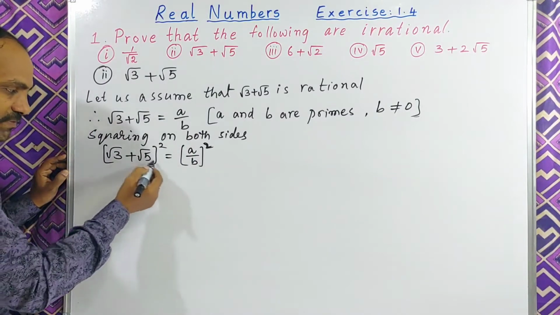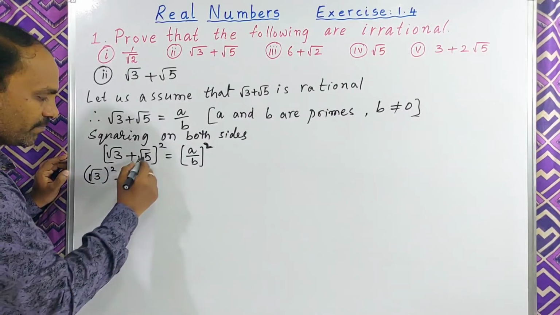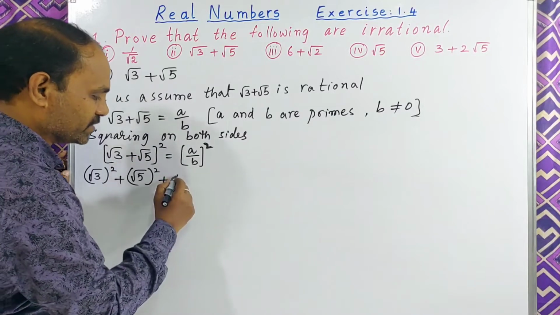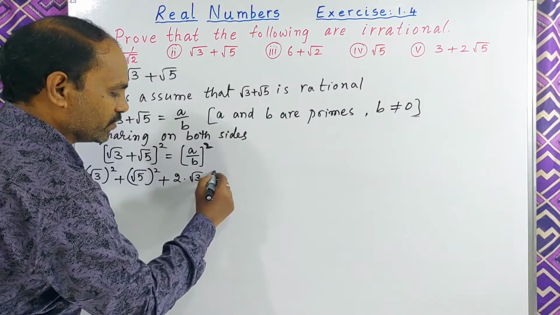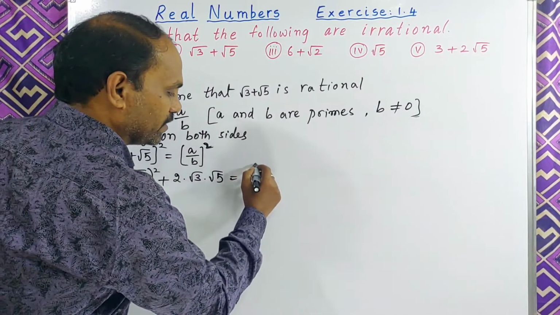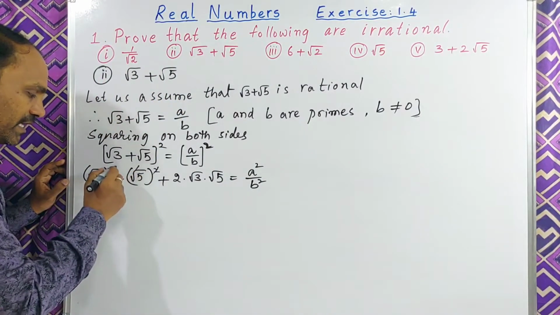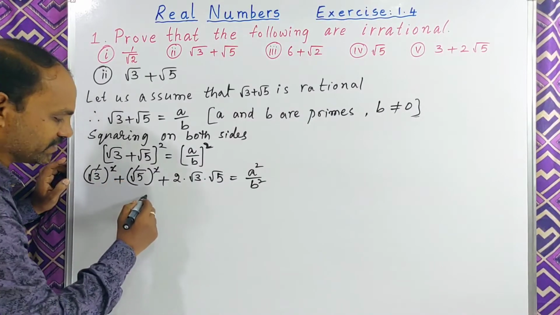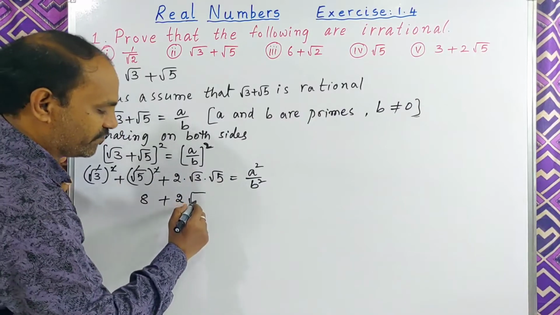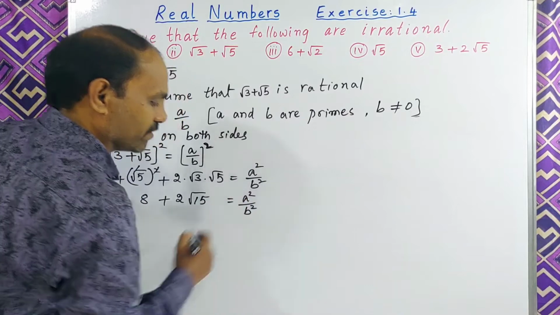This is like (a plus b) whole square, so a square means root 3 whole square, plus b square means root 5 whole square, plus 2ab means 2 into root 3 into root 5, is equal to a square by b square. Now the square and root cancel: 3 plus 5 means 8. So 8 plus 2 root 15 is equal to a square by b square.